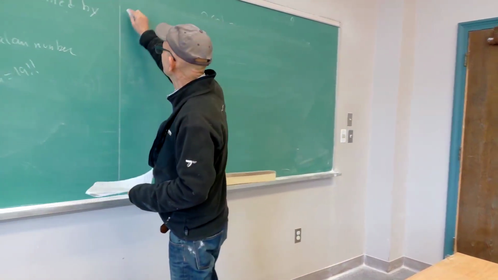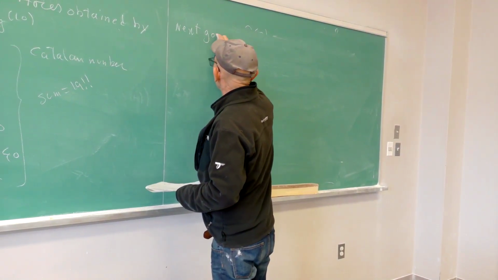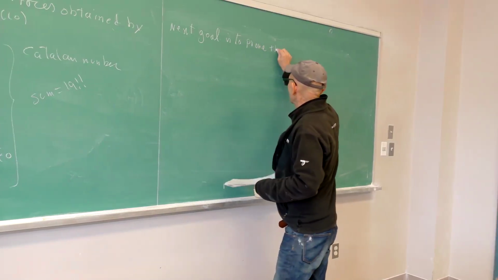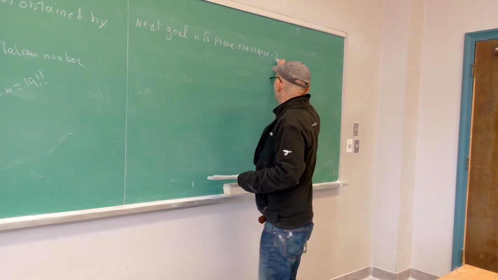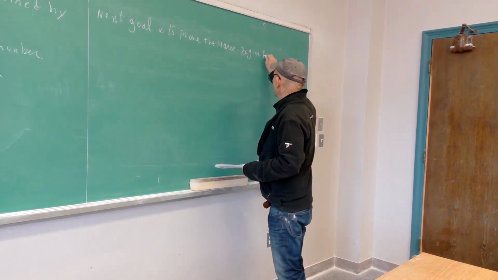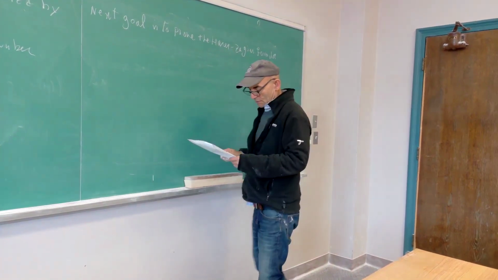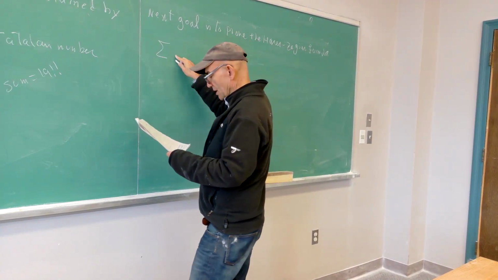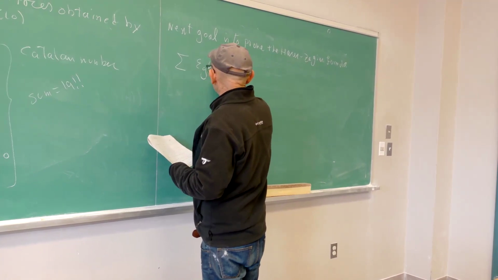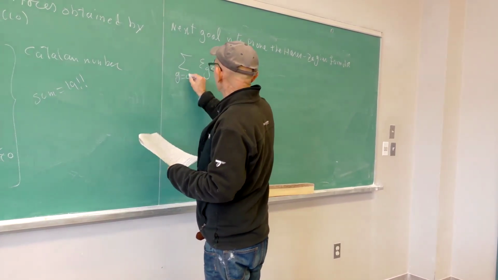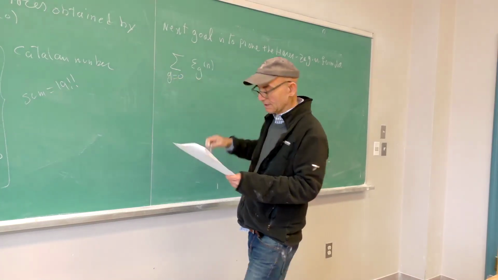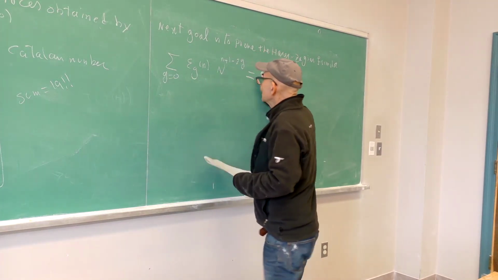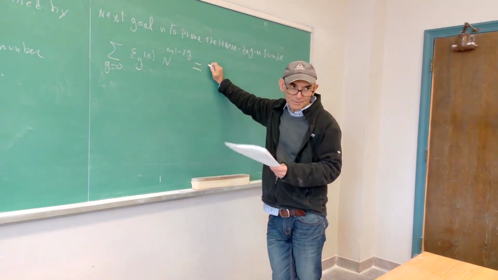So the next goal is to prove the Harer-Zagier formula. It tells me that this quantity that we have here, the generating function sum over g of epsilon g n, n to the power n plus 1 minus 2g, gives a concrete polynomial expression.